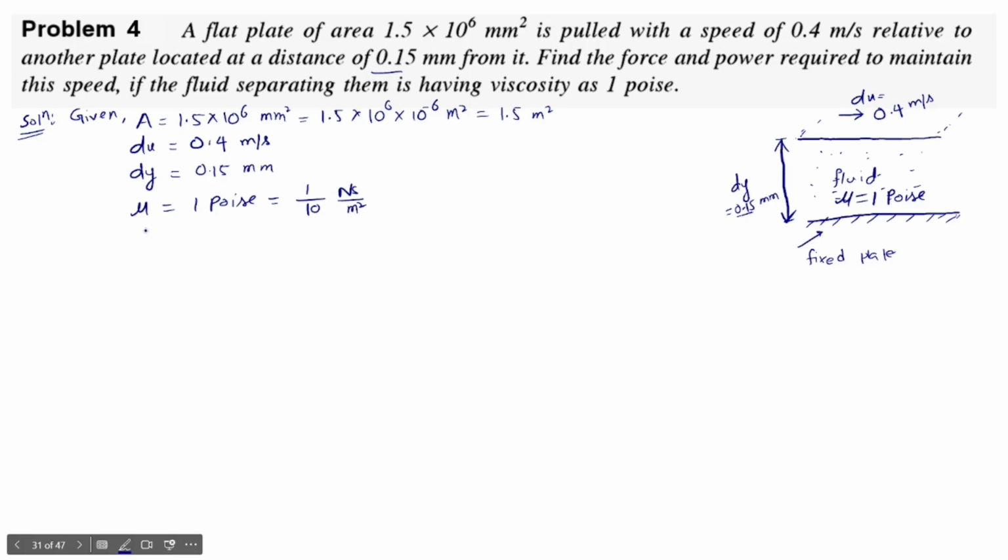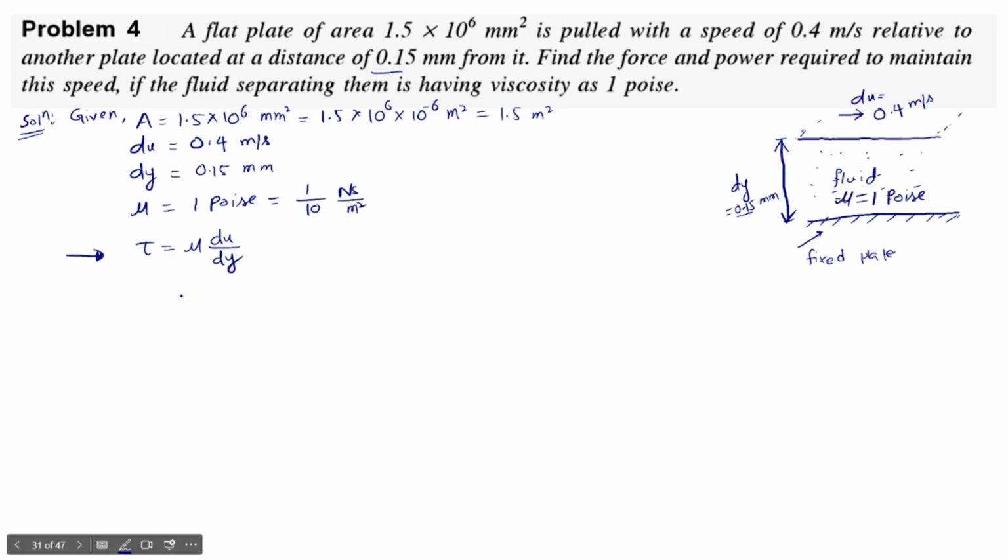Now you know from Newton's law of viscosity that tau is proportional to du/dy, which is the velocity gradient. So you can write tau = mu du/dy. This is the formula that we know.